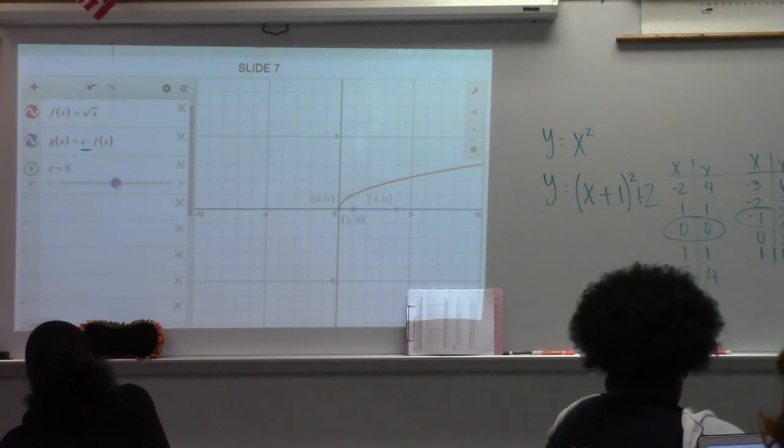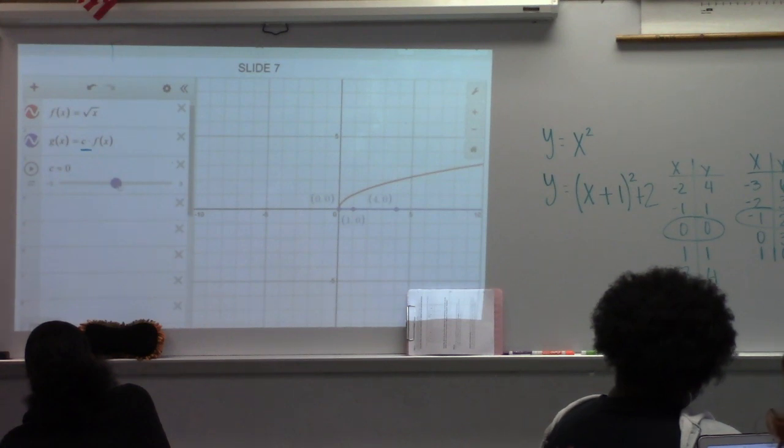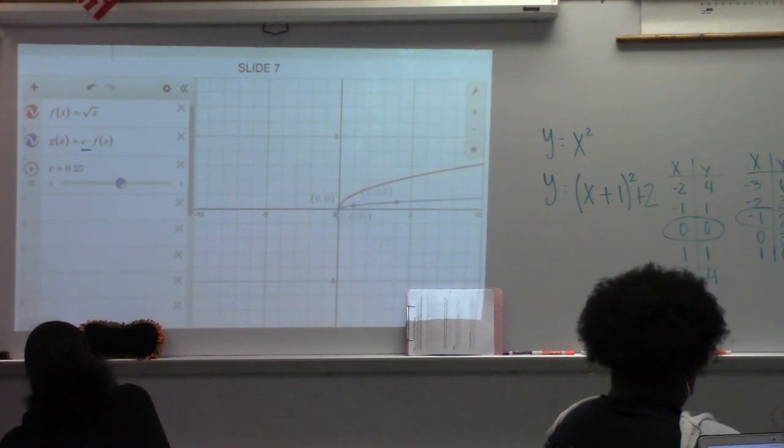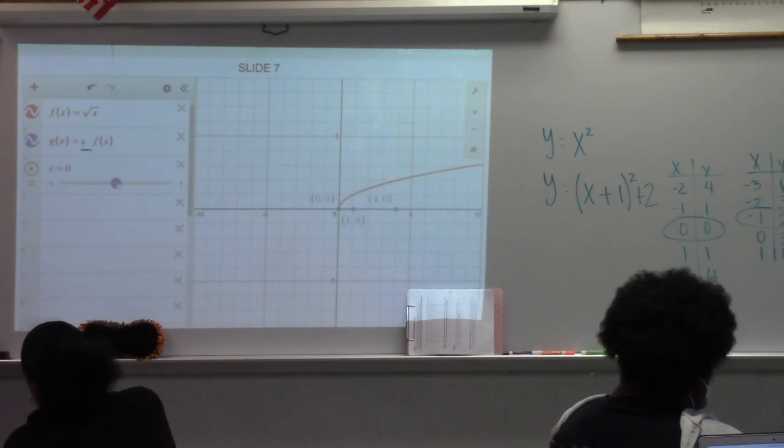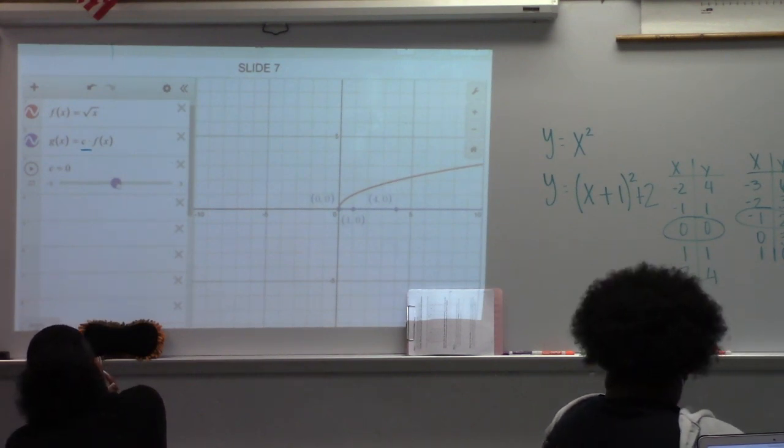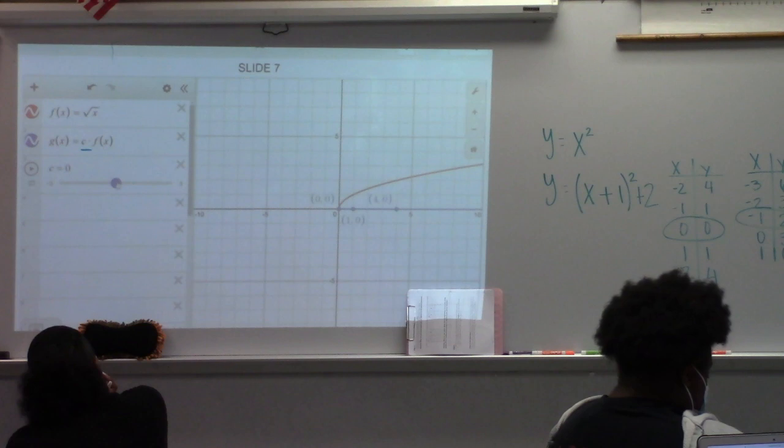Why is it a straight line? 0. Okay, the only other thing I would add here is we're still dealing with a vertical change in direction because it's still just multiplying these y values.